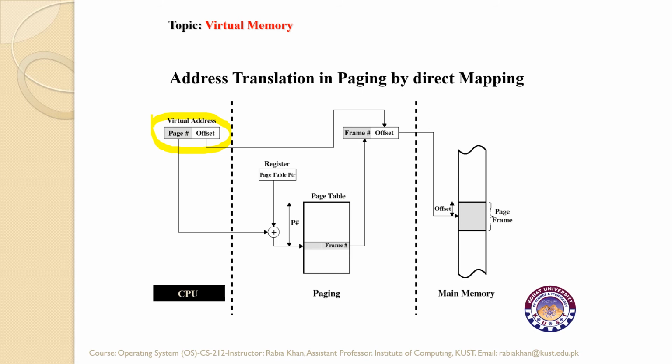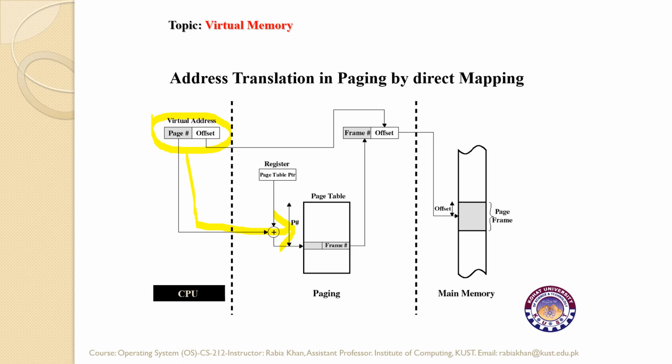The page number is indexed with page table, to get the respective frame number, and the offset is then linked with this frame number in order to get the actual physical address of main memory.